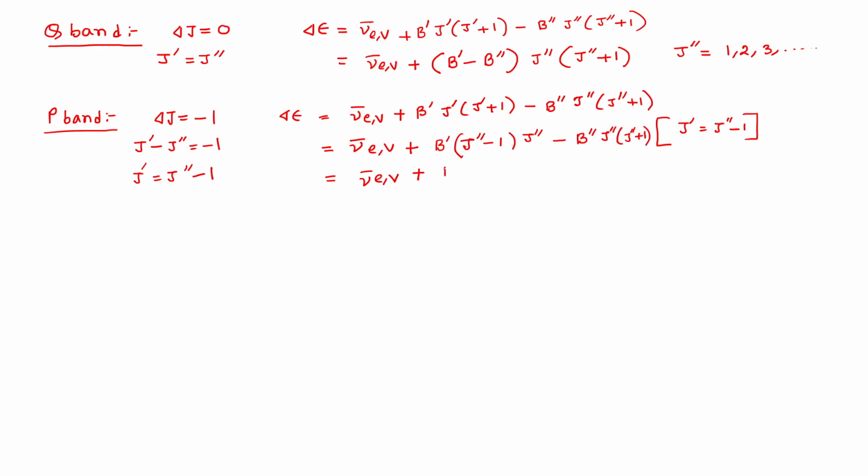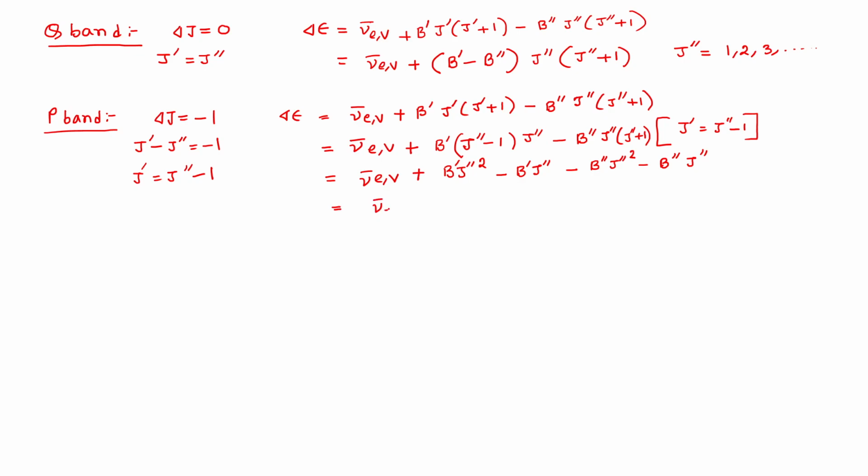So now I will break it down. B dash J dash square minus B dash J double dash, then here I have B double dash square minus B double dash J double dash.